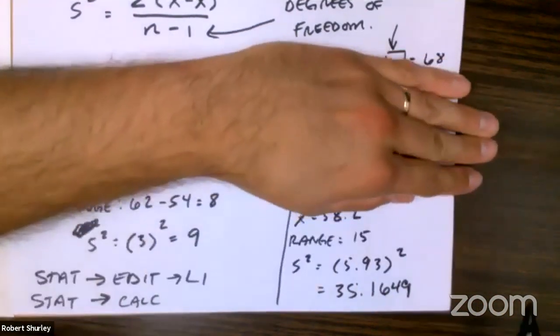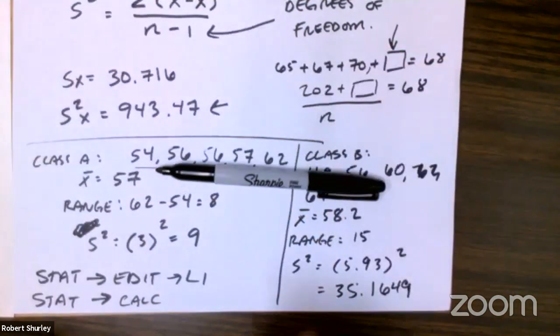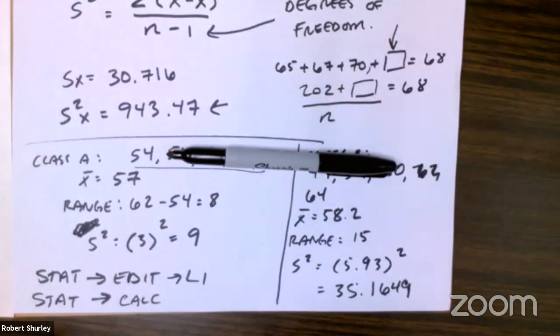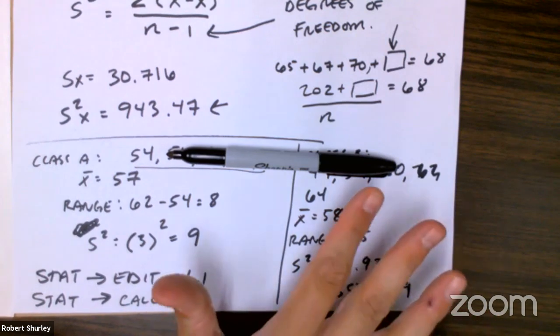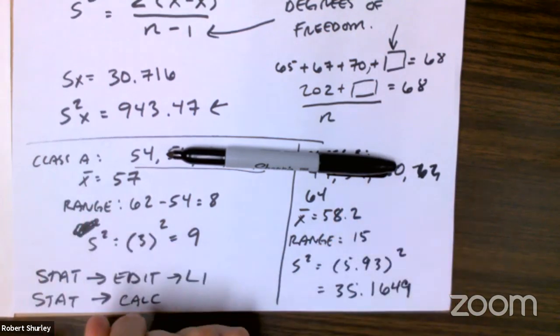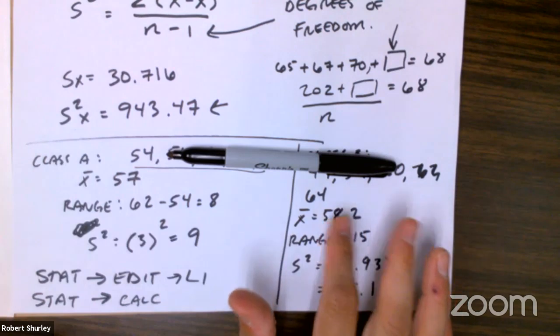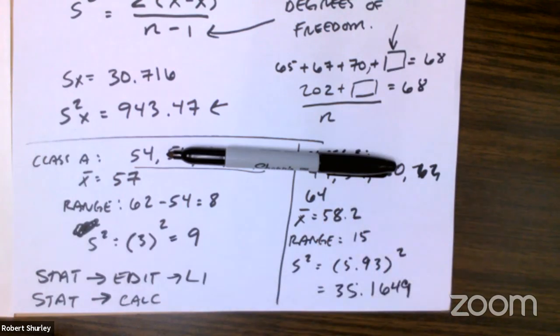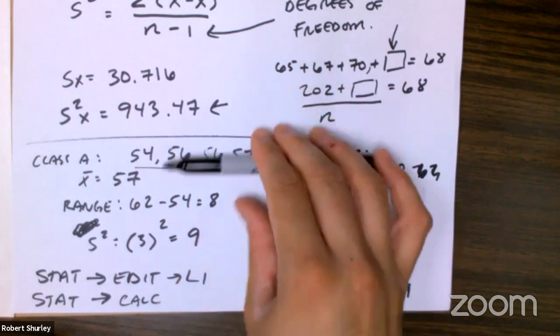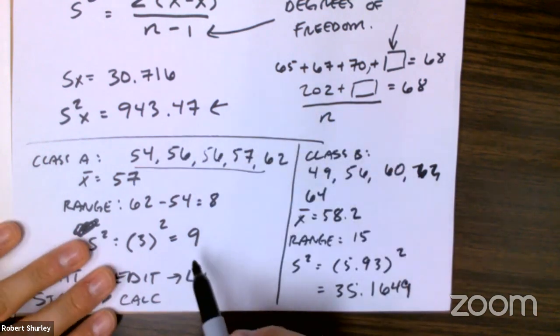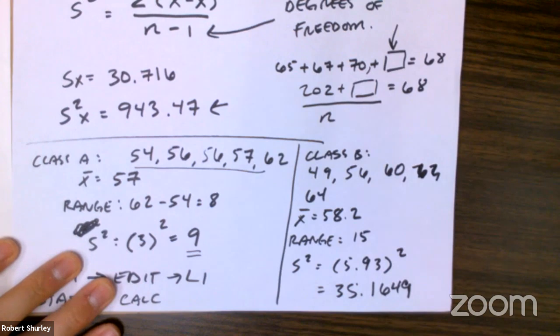If I had no idea what this data said, and I had these two classes, and you come to me and you said, hey, one class's height was 57 inches. The other class's height is 58.2. I'll go, okay, well, class B is a little taller, right? But then I tell you, hey, the variance for the first class was 9.